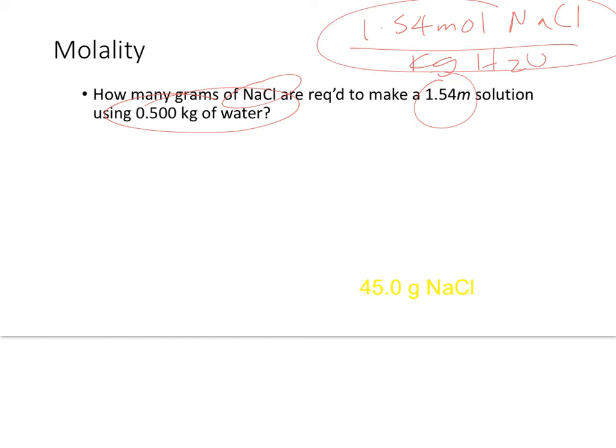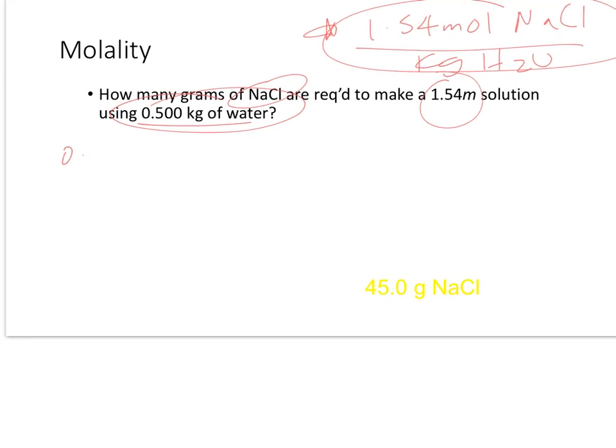Now, they want to figure out how many grams of sodium chloride I would need if I made a 1.54 molal solution using half a kilogram of water. In order to do that, I need to find out how many moles of NaCl would be in a solution with 1.54 molal concentration, but made with 0.500 kilograms of water.